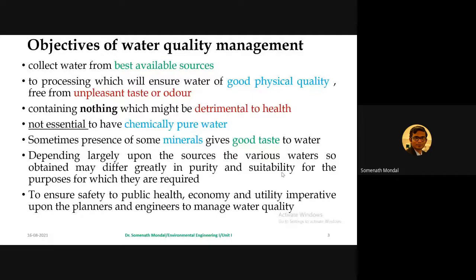That is why it is important for the planners and engineers managing the water supply scheme to keep a stringent eye on the water quality aspect, and that would ensure safety of public health and economy together, and be much more efficient in terms of overall water quality management.